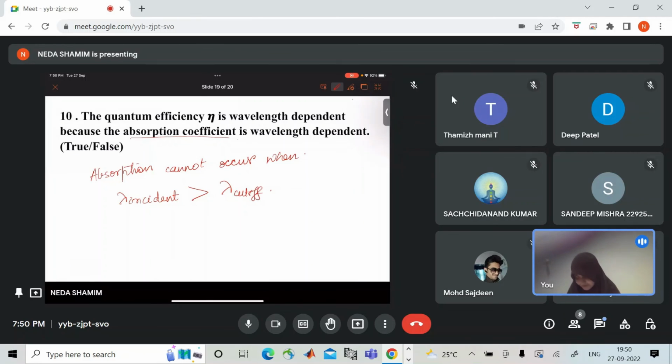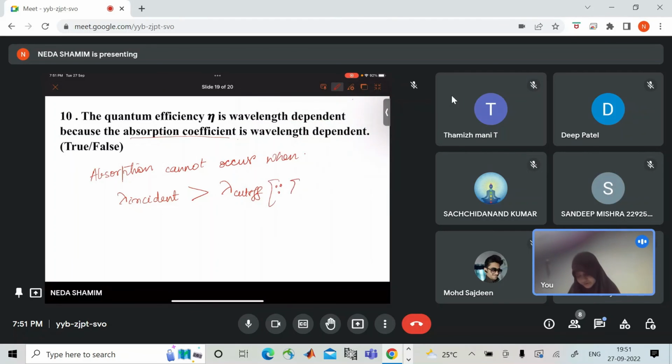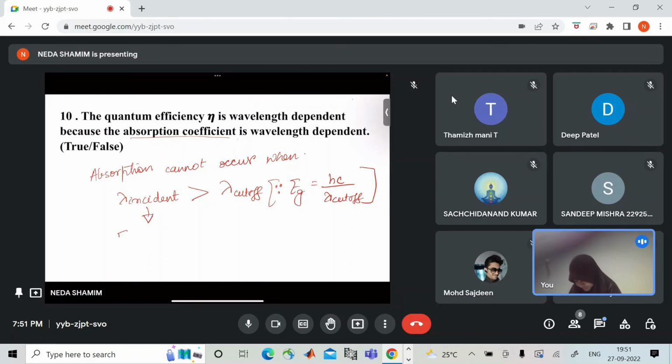Why? Because this lambda cutoff is the same as the energy band gap. Since the energy band gap is equivalent to hc by lambda cutoff, if the wavelength is greater than this, then the energy will be less.